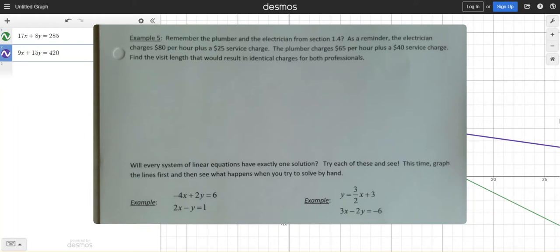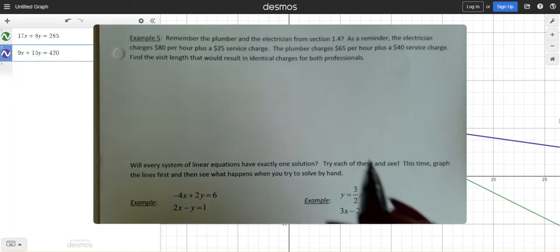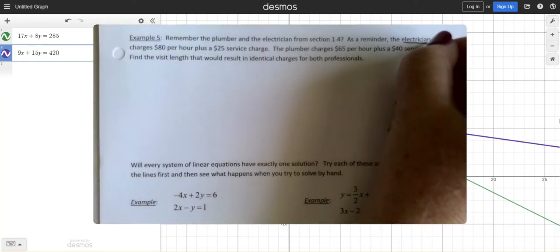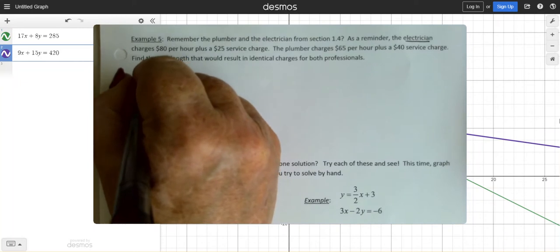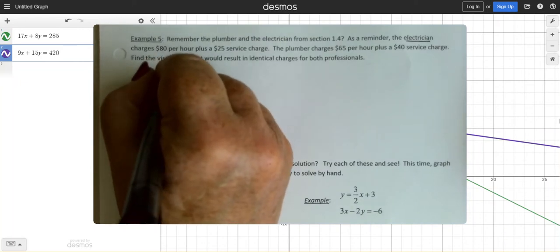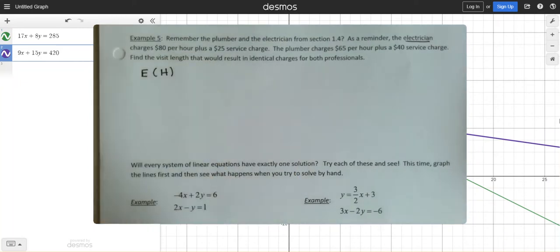So let's just real quick reconstruct our equations. The electrician, I'll say that's E of H, where H is the number of hours.